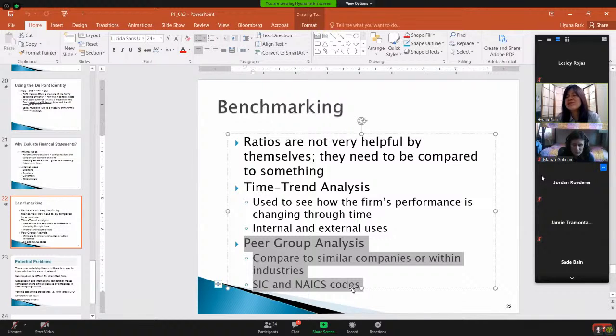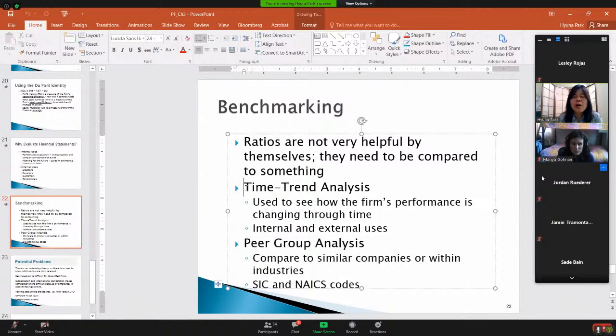Unfortunately, in this introductory class, I don't have time to teach you how to use the Bloomberg terminal to find peer groups. But finance students who later take Finance 5330 Security Analysis will use Bloomberg terminals to find competitors, that is, peer groups.